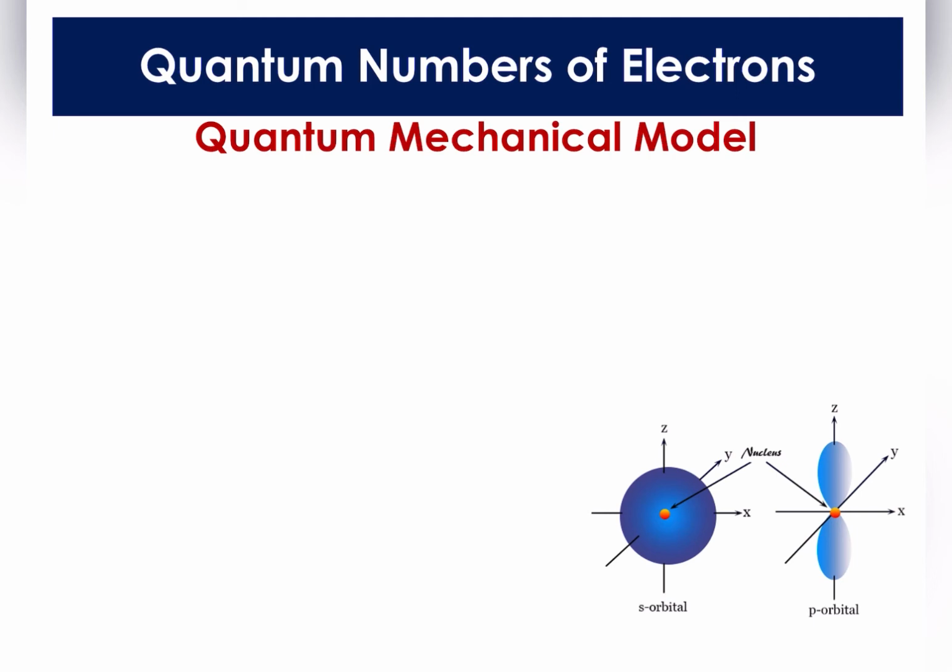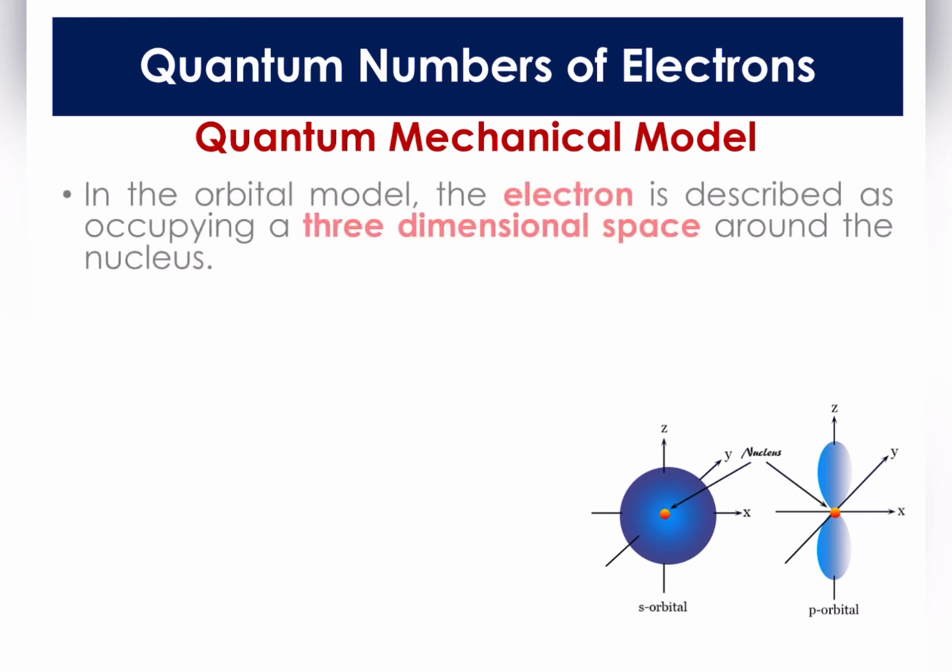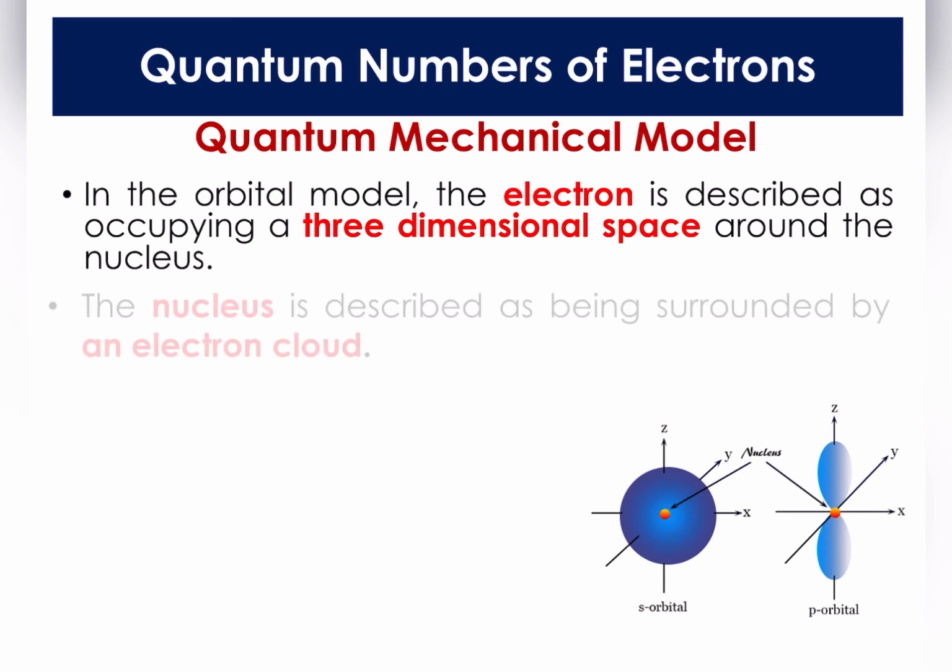So inilah yang saintis cuba untuk explain kepada chemist sekarang di mana position elektron yang sebenar. Dan you have to know that kita akan gunakan three-dimensional space around the nucleus untuk describe position of electron.